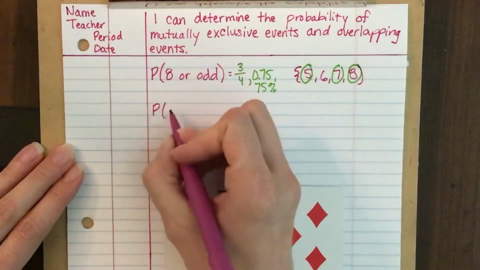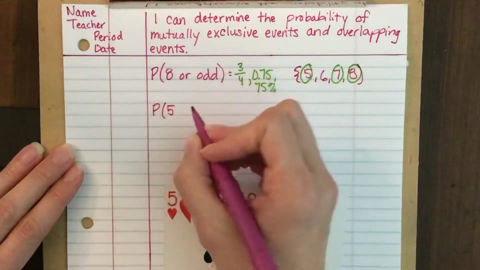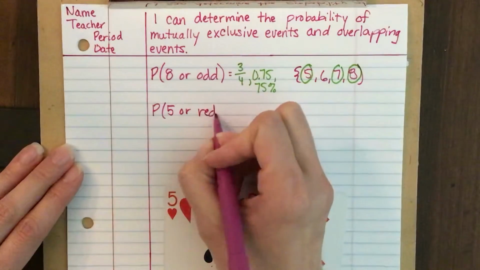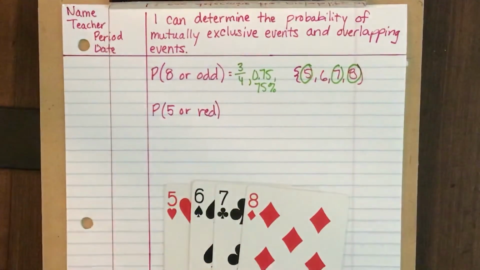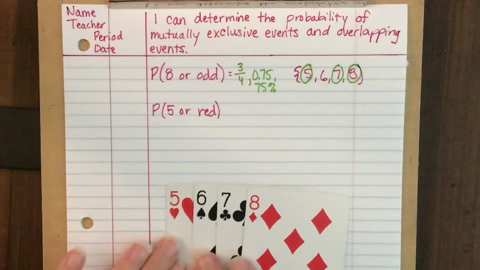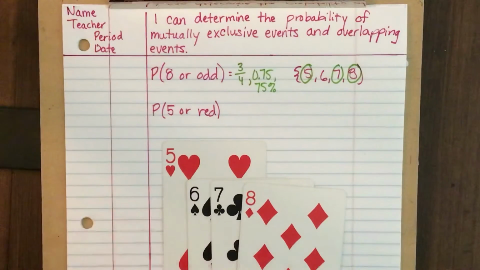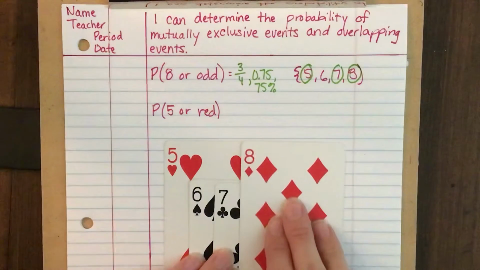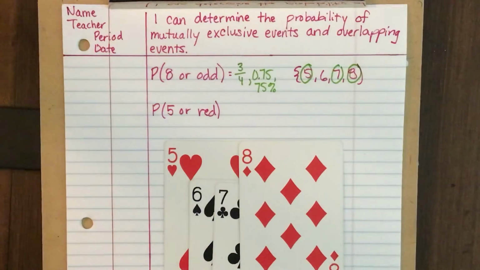The probability of the card being 5 or red. Let's take a look at our cards here. This is what's considered an overlapping event. Okay, the probability that the card is 5, there's 1. The probability that the card is red. Well, the 5 is red, and we already have it up, so we'll just pull up the other red card now.